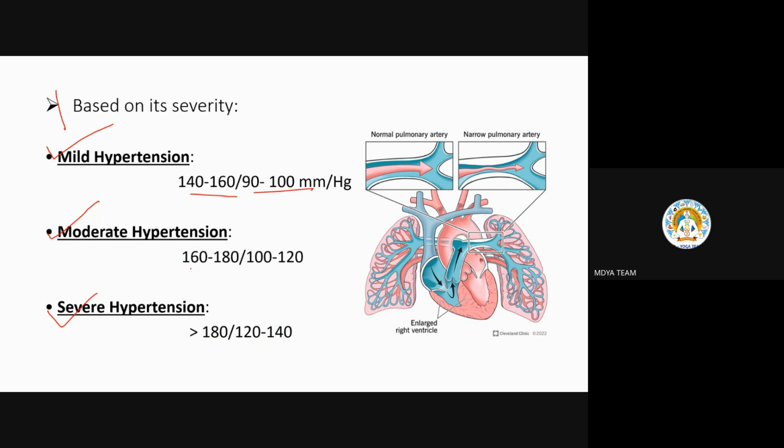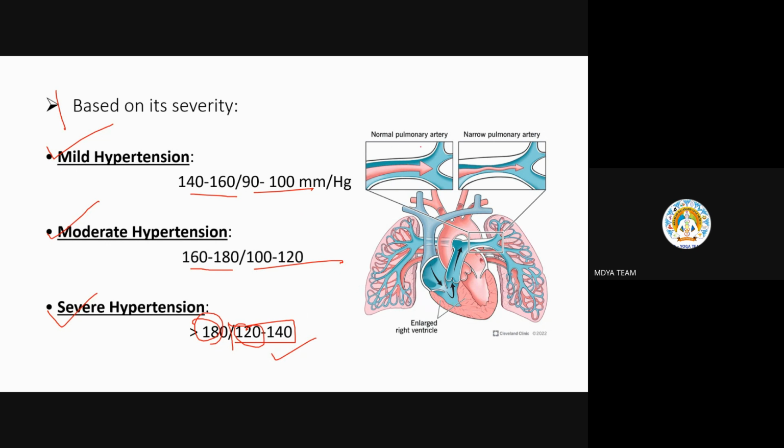Moderate is 160 to 180 and 100 to 120 lower number. Above 180 it is severe hypertension, which is very life threatening. A lower number of 120 to 140 is very hard, because 120 is the upper number and it is happening in the lower number. So you can understand the level.